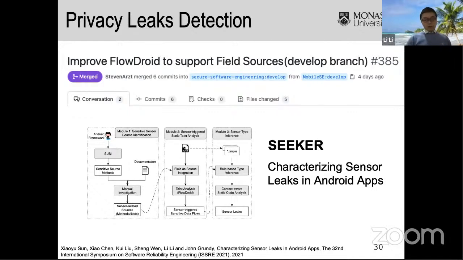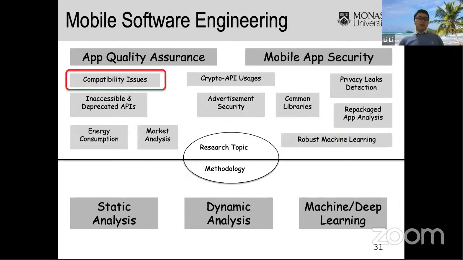I'm not going to get into the details of this work. If you are interested, you could read our paper, which will be presented at this year's conference. So that's the first work I want to share. It's about privacy leaks detection.